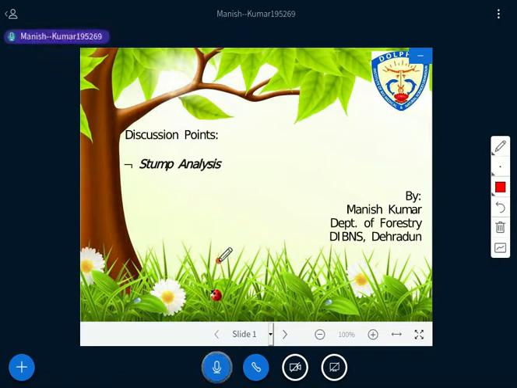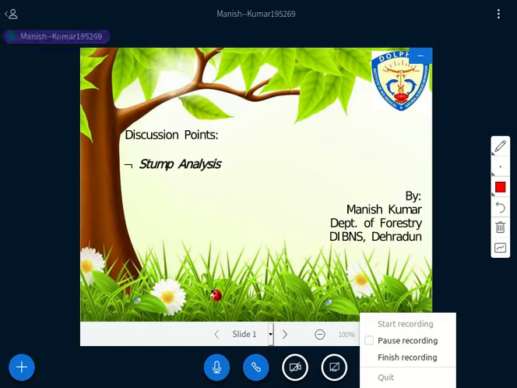So this is all about the stump analysis. Obviously you have to make all these forms and graphs in Practify as well, obviously.